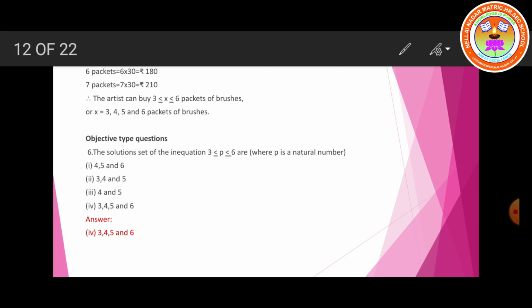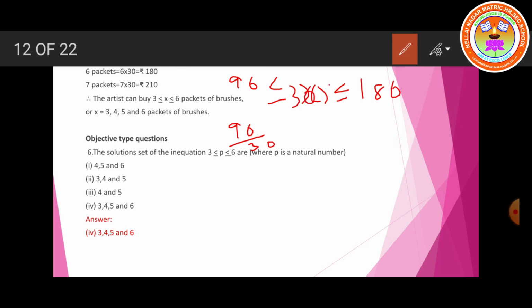The amount is between 80 and 200, so the values are 90 less than or equal to 30x less than or equal to 180, and we divide by 30. So 30x divided by 30 is between 90 divided by 30 and 180 divided by 30.